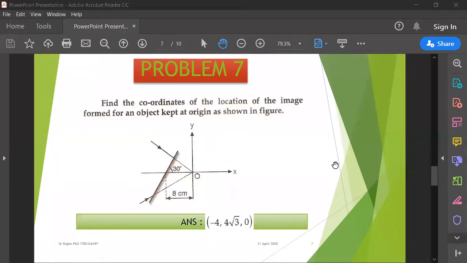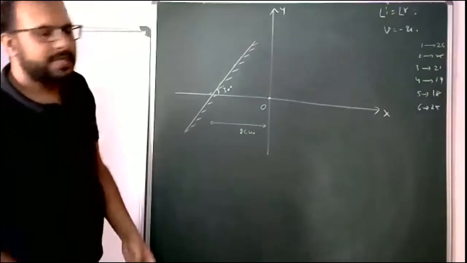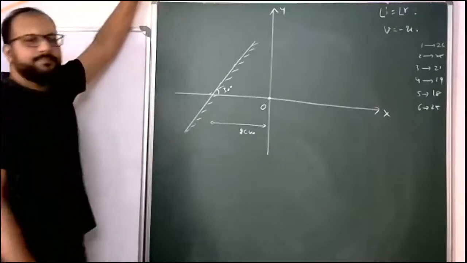Here, the mirror is kept like this. Yes, here is the object. The distance from here to here is 8 centimeters and the angle is 30 degrees. Yes, so students, now this is the given problem.